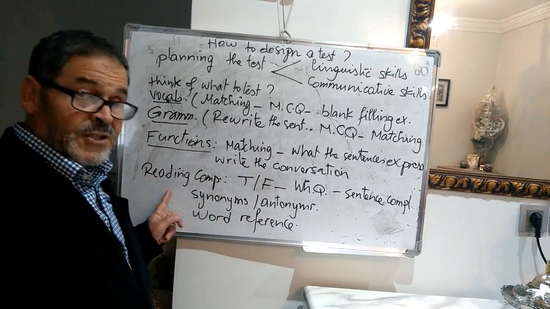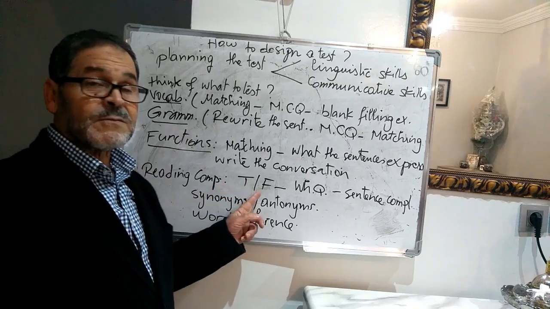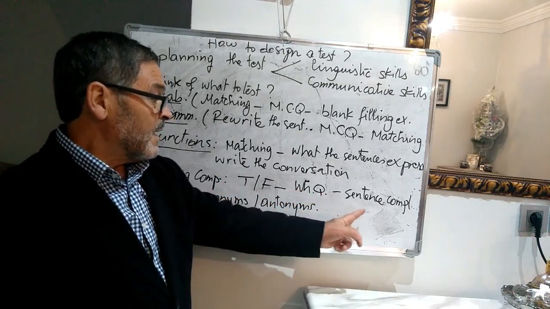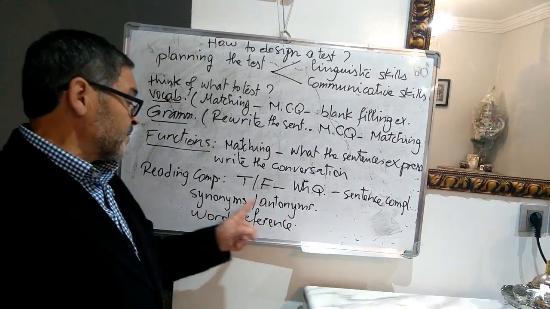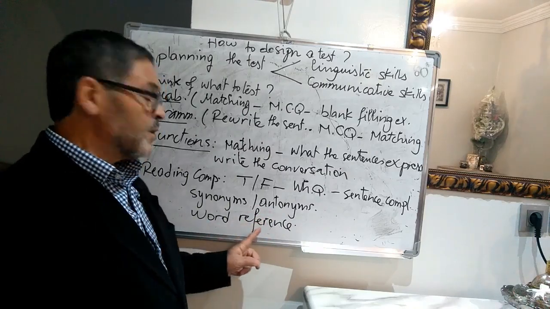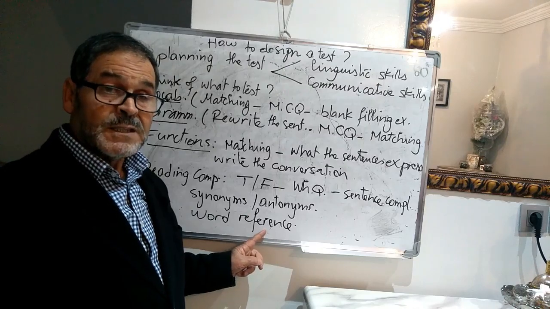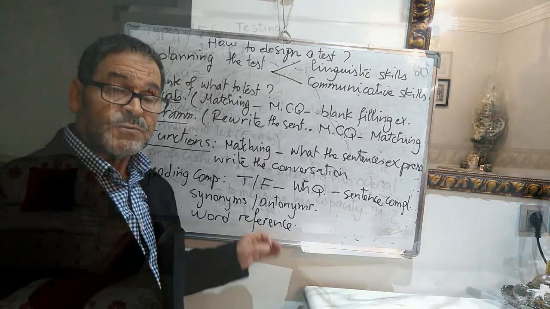For reading comprehension, when we prepare a text, we prepare true or false with justifications, of course, WH questions, and sentence completion. Then we have synonyms, antonyms, and word reference: what does this word refer to in the text, for example pronouns.